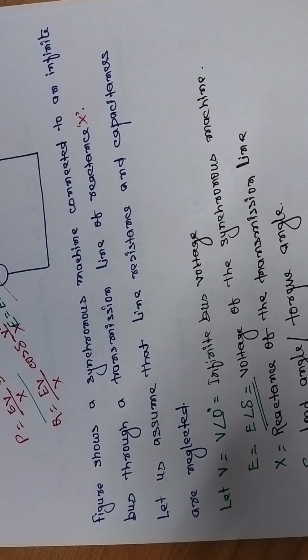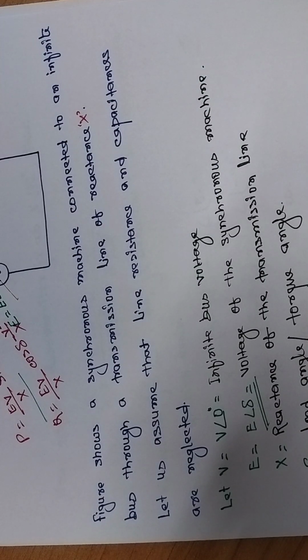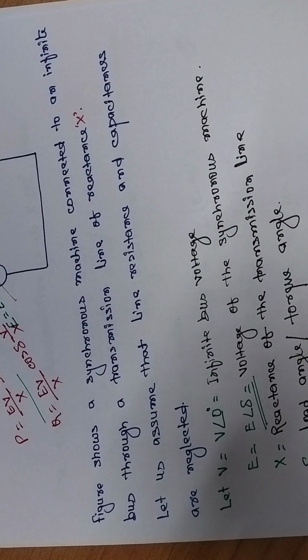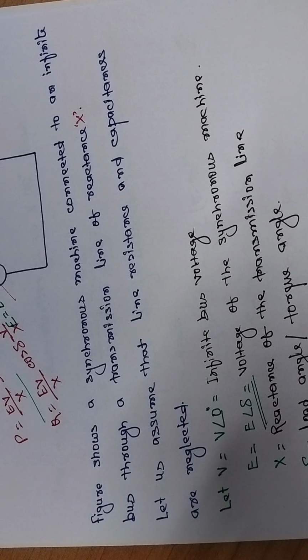The infinite bus is V of angle 0 degrees, as already mentioned in the diagram, through a series reactance jX. The line resistance and shunt capacitances are neglected, so the path is purely reactive, and delta is the load or torque angle, the angle of E measured from the bus voltage V.